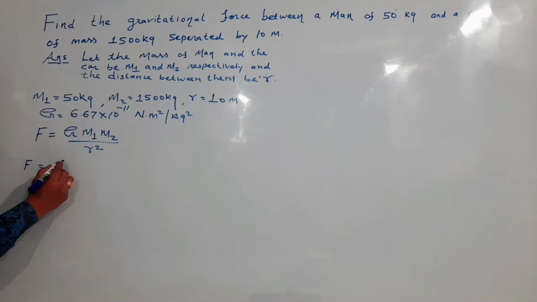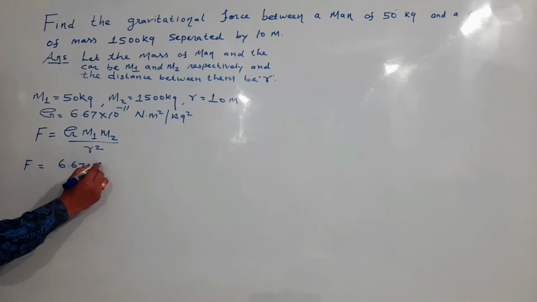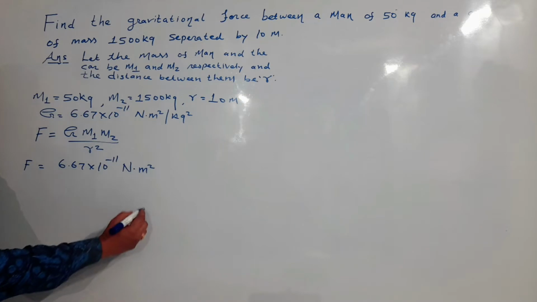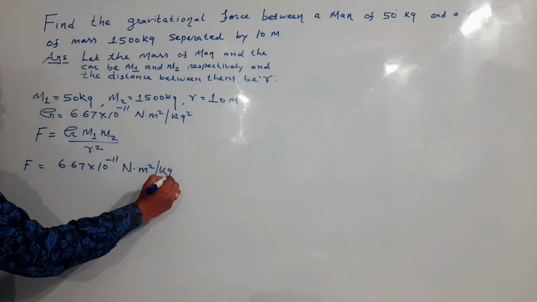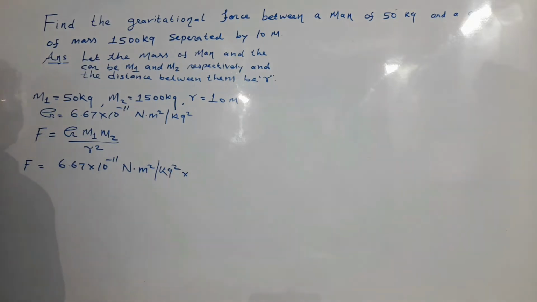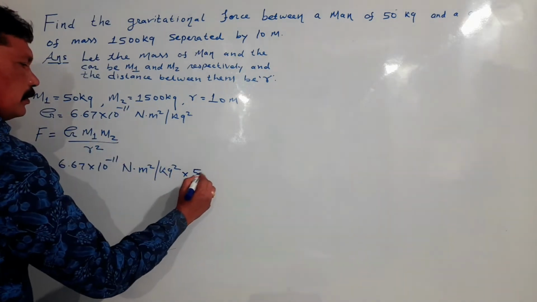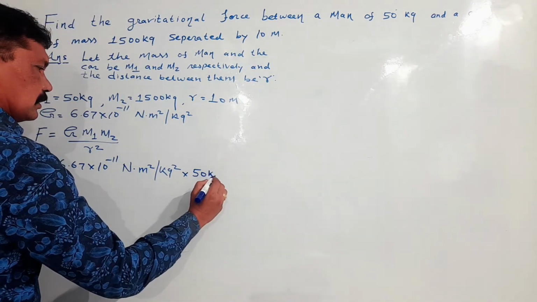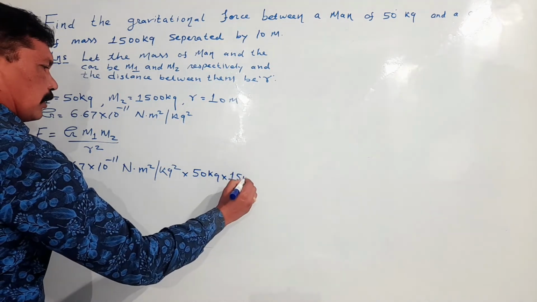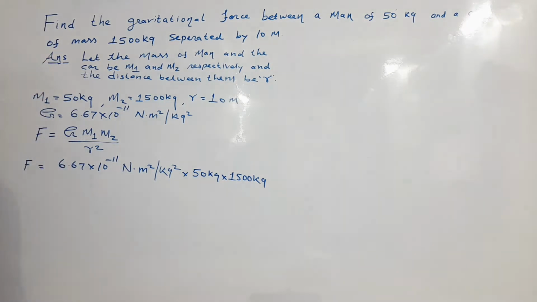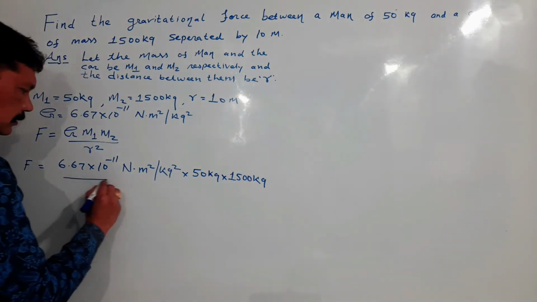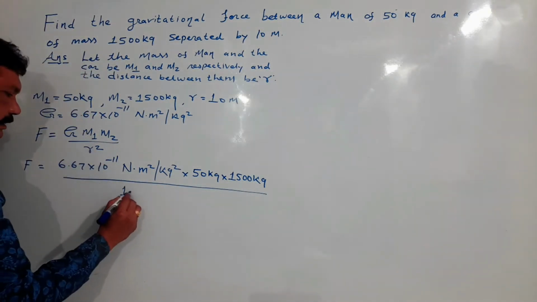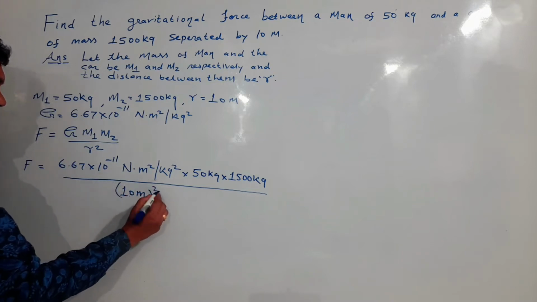F is equal to 6.67 into 10 to the power minus 11 Newton meter square per kg square into 50 kg into 1500 kg divided by r square, and r is given to us, that is 10 meter square.